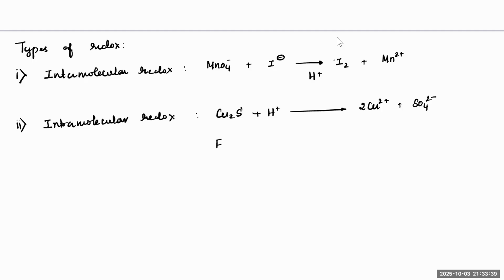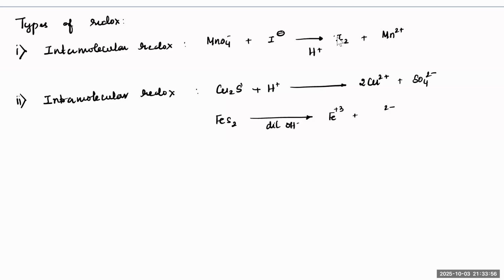For example, if you have FeS2 in dilute OH minus, here also it will convert into Fe plus 3 and sulfur will become SO4 2 minus. Now notice FeS2 is converting into Fe plus 3 and 2 moles of SO4 2 minus. Now you need to understand one thing here.